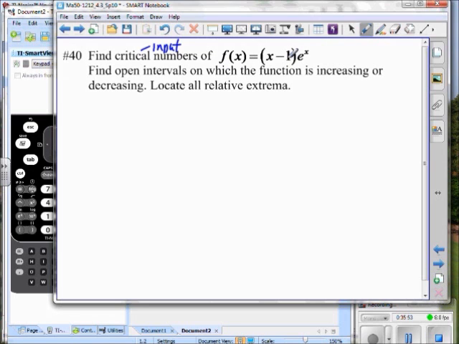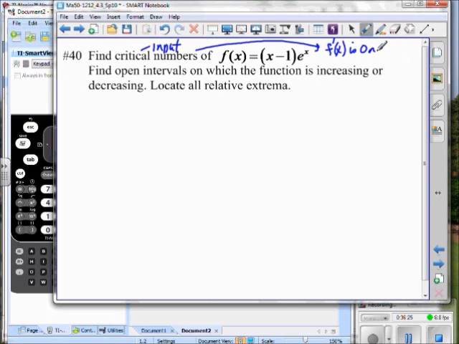Now, if they're critical numbers, input values, what makes them critical? If they're critical numbers, it implies that the first derivative is what?